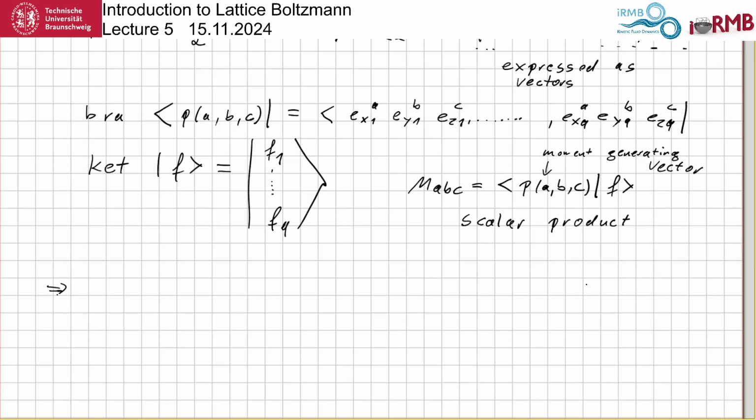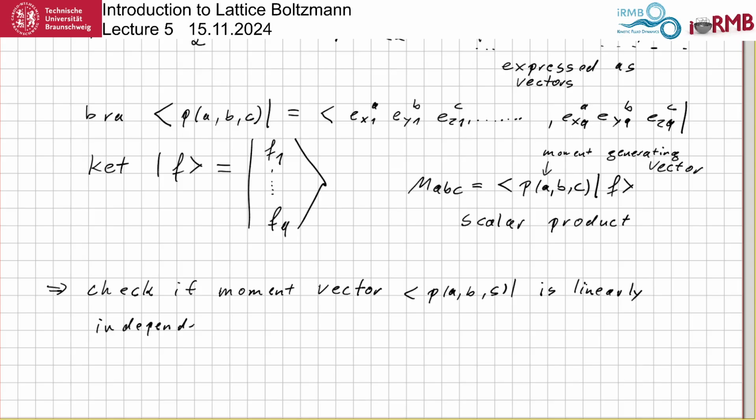So what they do with linear algebra then is to check if the moment vector, the bra P_abc, is linearly independent of all the combinations of moment vectors of lower order, and by order we mean the sum of a, b, c.